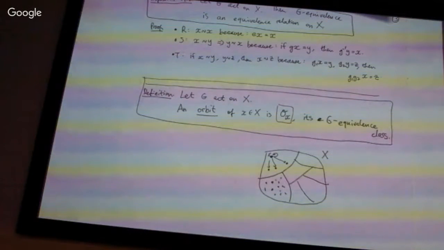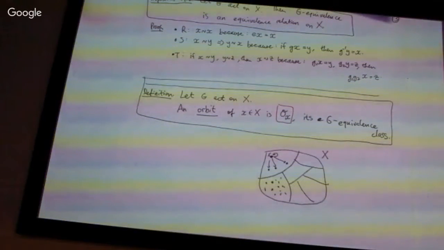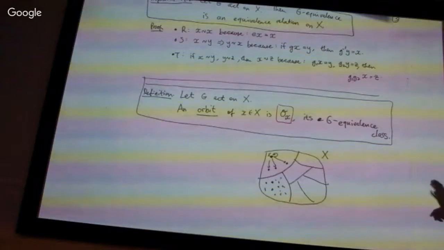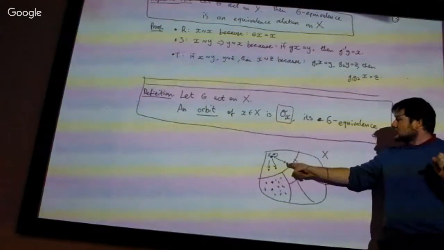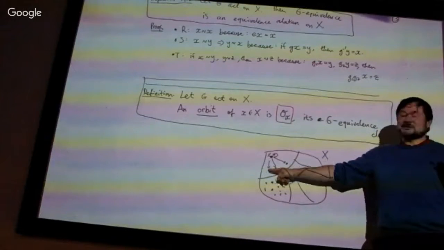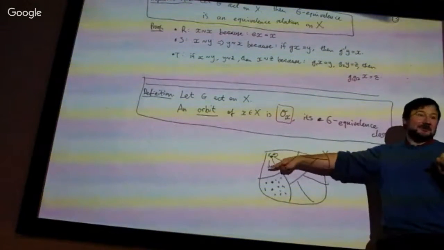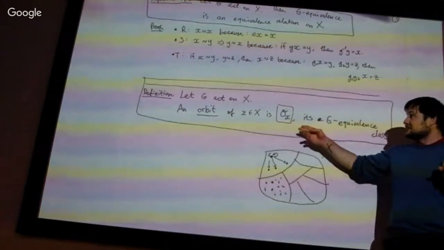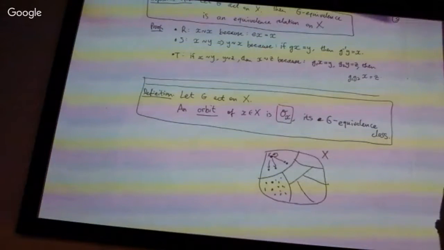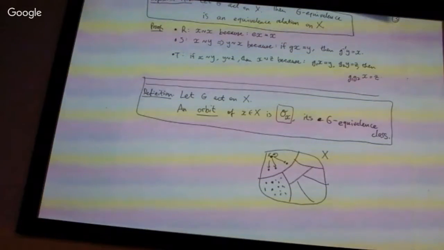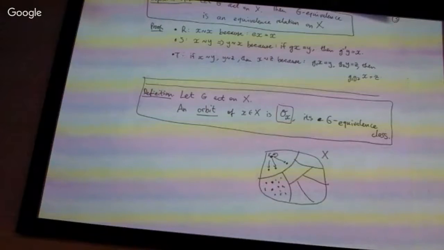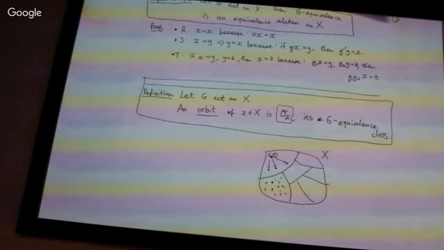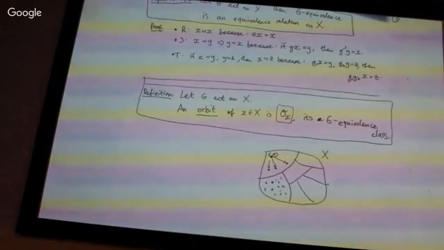Of course OX is, in many cases, OY is OZ is O something else, because X is not alone in the orbit. So you'll have different notations for the same thing. That was just revising.